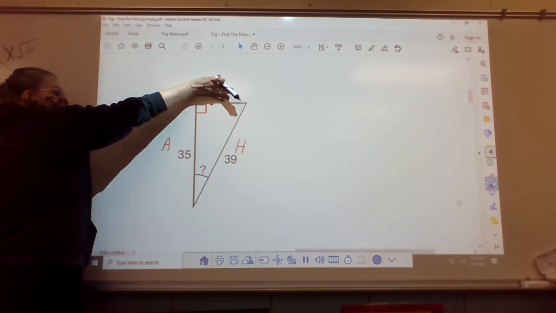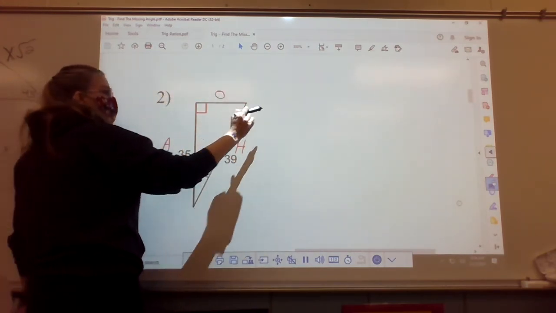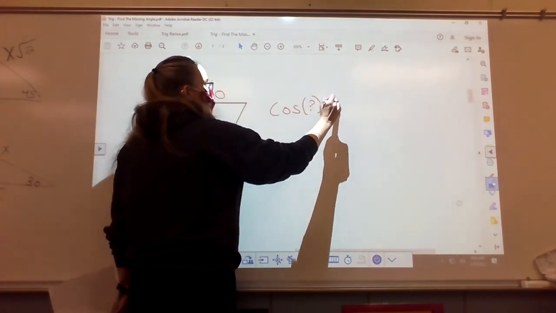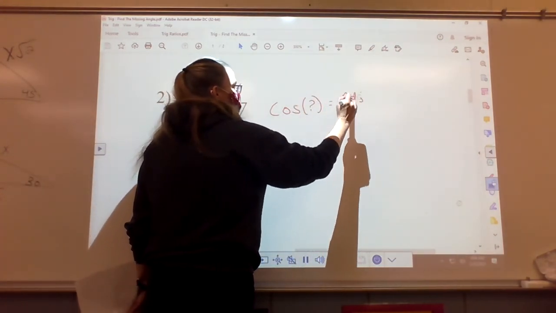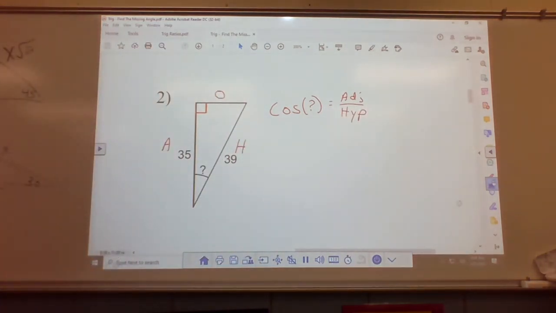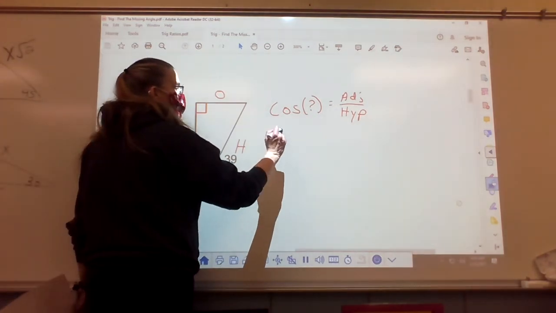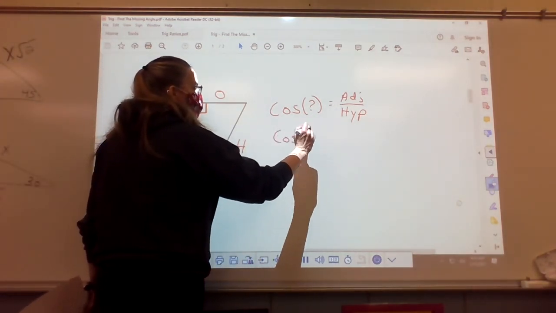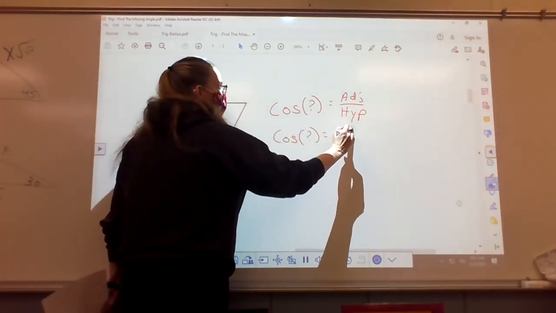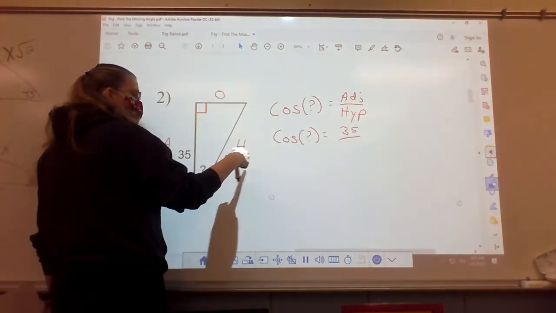So I have to use the trig function that has an A and an H. So cosine of the question mark is adjacent over hypotenuse. Therefore, cosine of the question mark, A was 35, hypotenuse is 39.